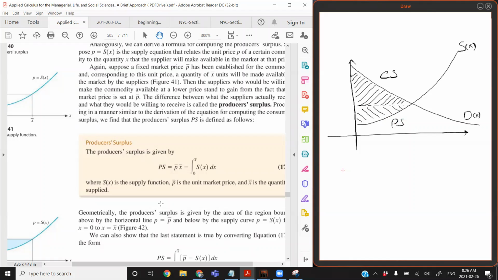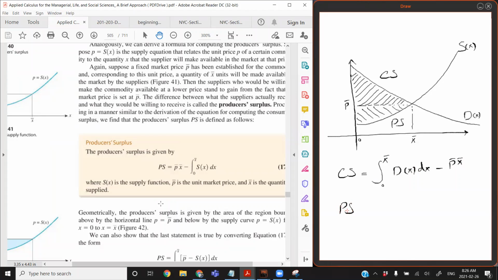So the formula for the consumer surplus is going to be the integral from 0 to X bar. So 0 is here. From 0 to X bar below the function D(x) minus the area of the rectangle, which is P bar times X bar.